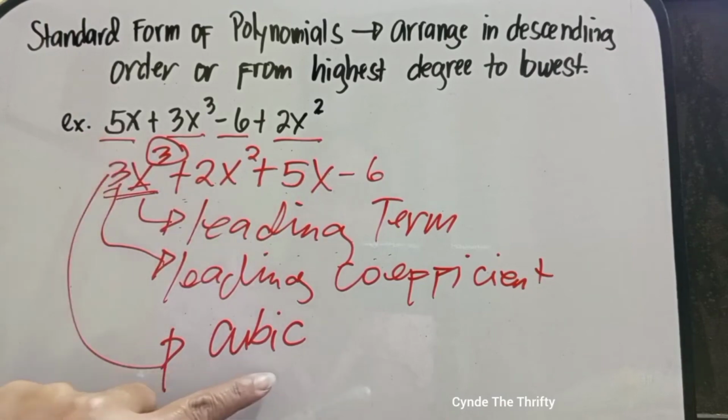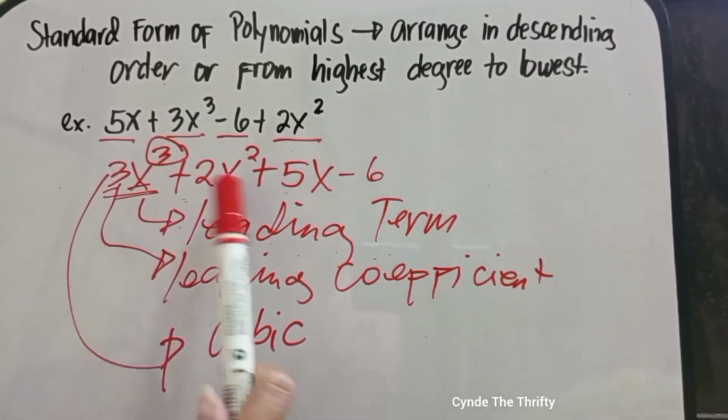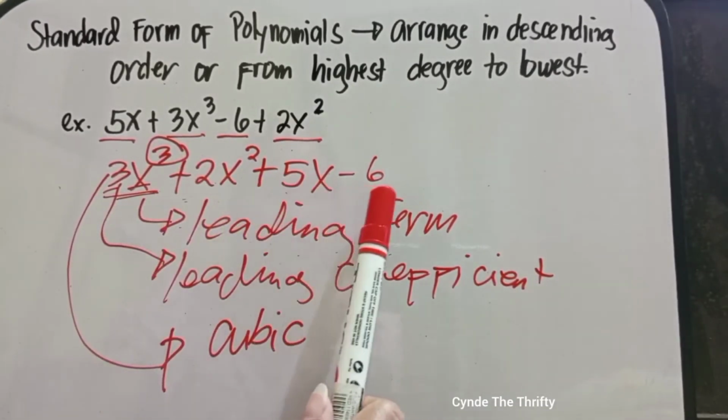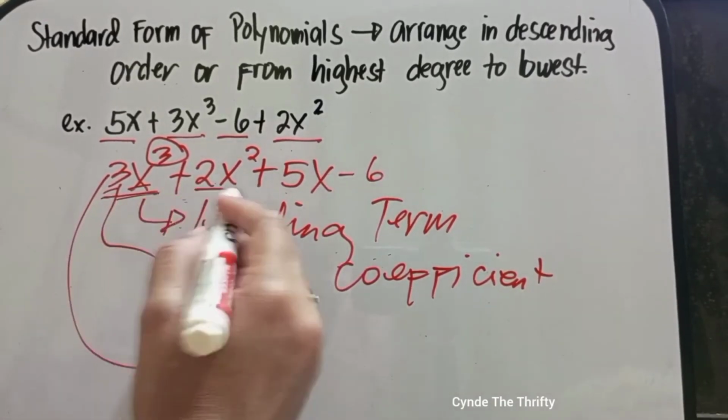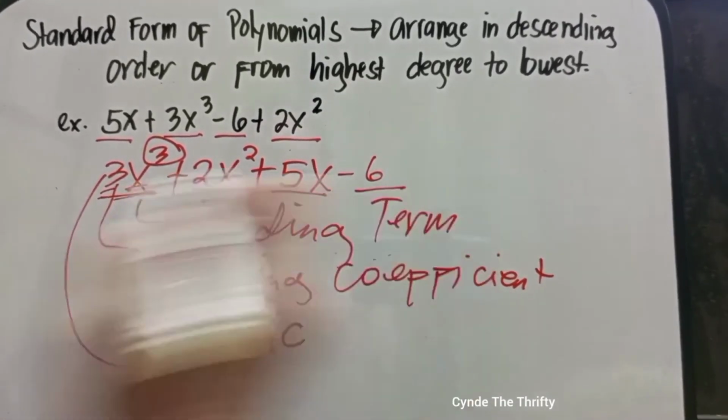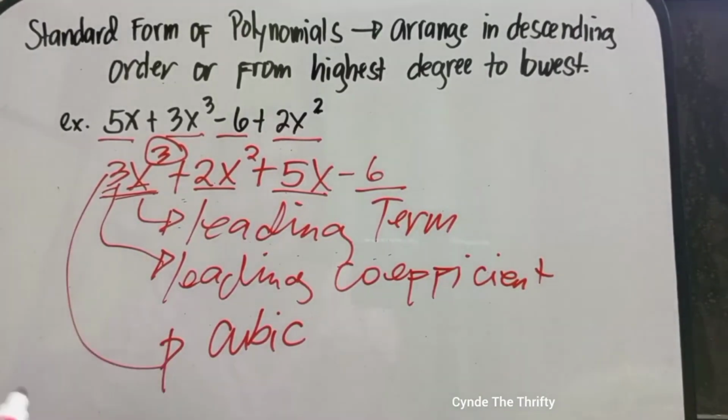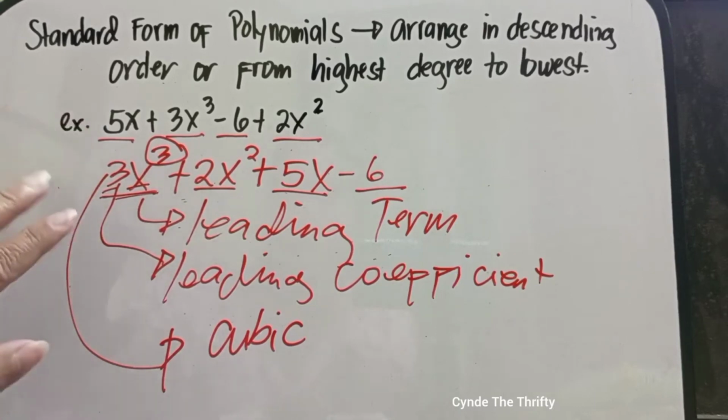So, ang kanyang degree is cubic. Ano namang klaseng polynomial ito according to its number of terms? So, i-count natin kung ilang term. Okay, so 1, 2, 3, 4. 4 na terms. So, ibig sabihin, ang polynomial natin ito is a multinomial. Kasi multinomial, it refers to the polynomial with 2 or more terms. And since 4 na term siya, tinatawag natin siyang multinomial.